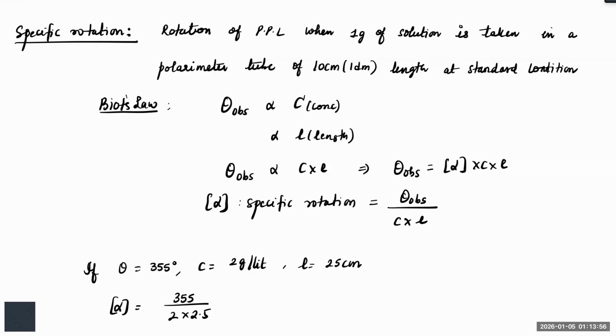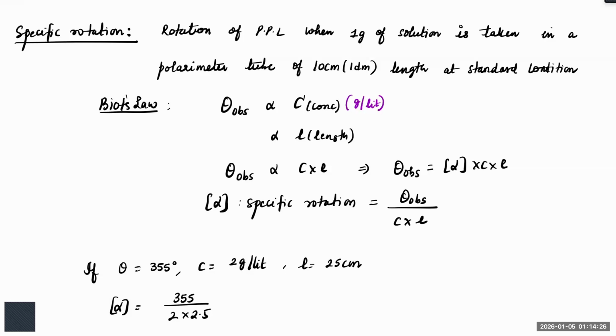Then notice this. According to Biot's law, the amount of angle that is observed depends upon the concentration. Because if I take it as standard 1 gram solution, and if I take some new concentration here, then that theta will depend on that concentration. And concentration here is written normally in gram per liter. Okay, how many gram per liter we are taking?